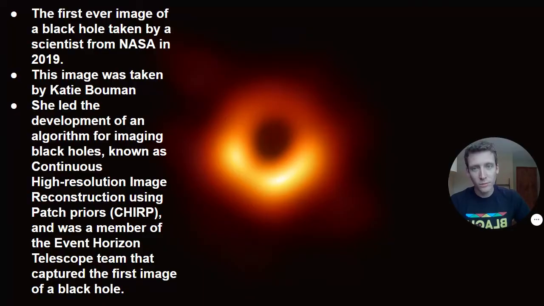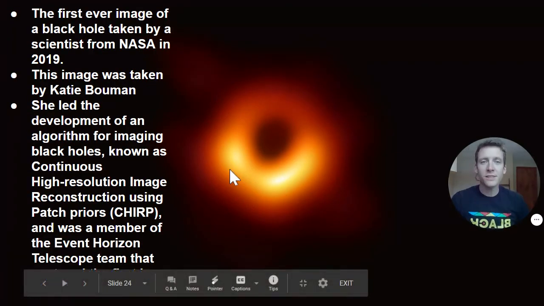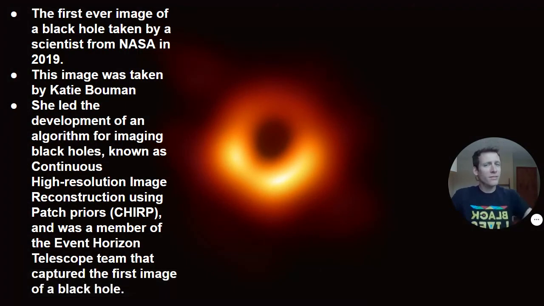A black hole is called a black hole because its gravity is so strong that not even light can escape. So even light is sucked into this source of gravity. It is that strong. Here's the first ever image taken by a scientist from NASA of a black hole in 2019, so pretty recently. This is an image from Katie Bouman.